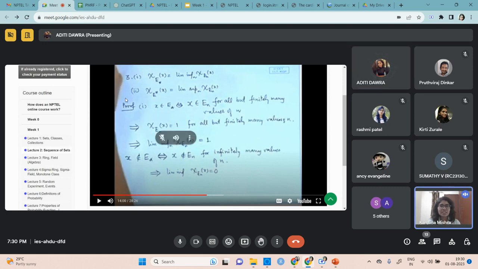So what he's saying is that if you have any element, he's trying to equate things. The characteristic function of x in e star is equal to the limit of the infimum of the indicator of x in en, and it will also be equal to the limit of the supremum. So if we have any x in e star, what is e star here?